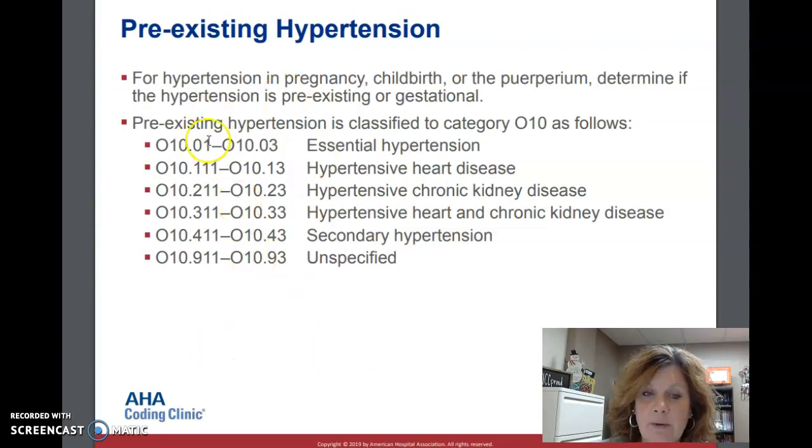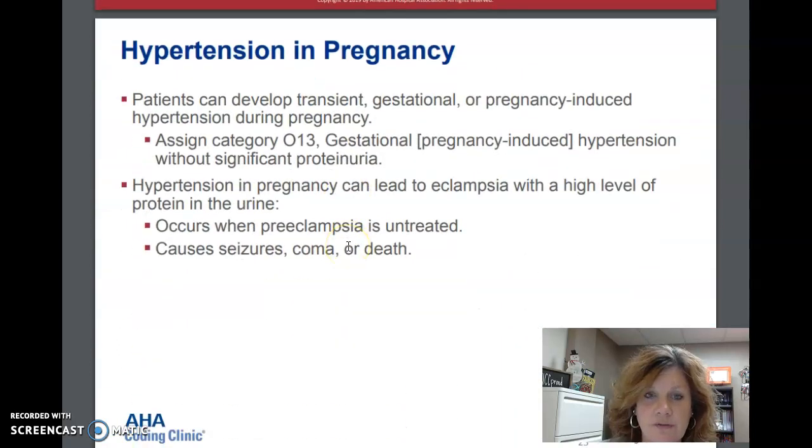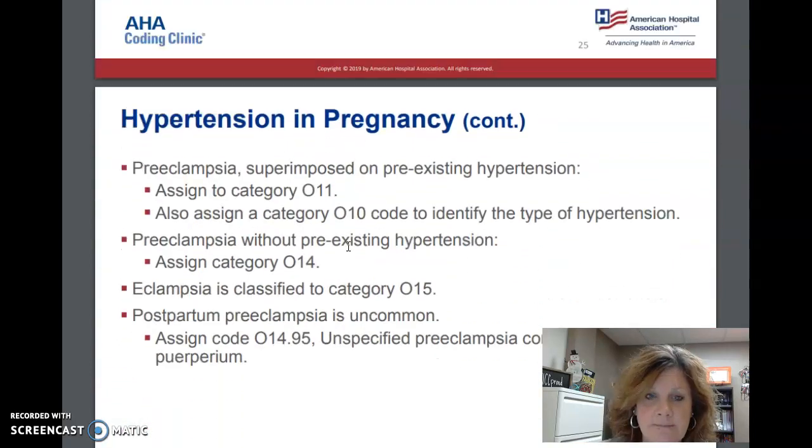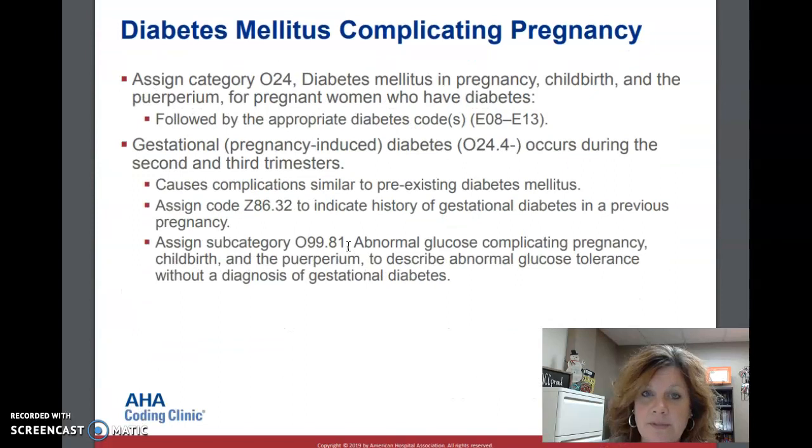Hypertension. Keep in mind, we're in the O codes for hypertension, hypertension and pregnancy. Diabetes complicating pregnancy. These are going to be the O24. Okay. And then if the patient does have diabetes, you're going to use the appropriate E code for the diabetes. Now, gestational is different.